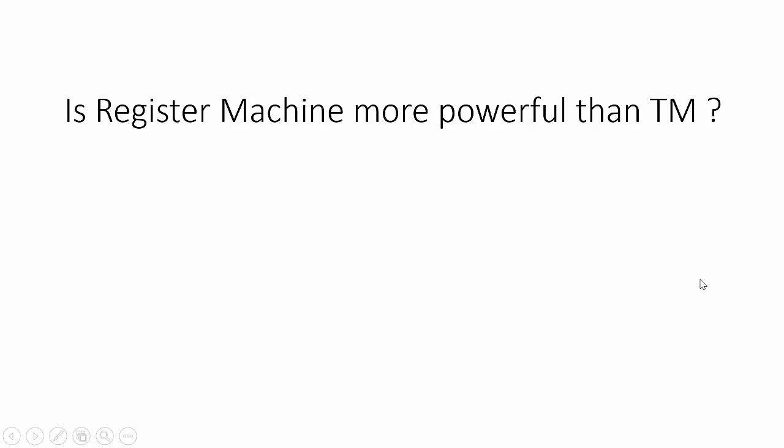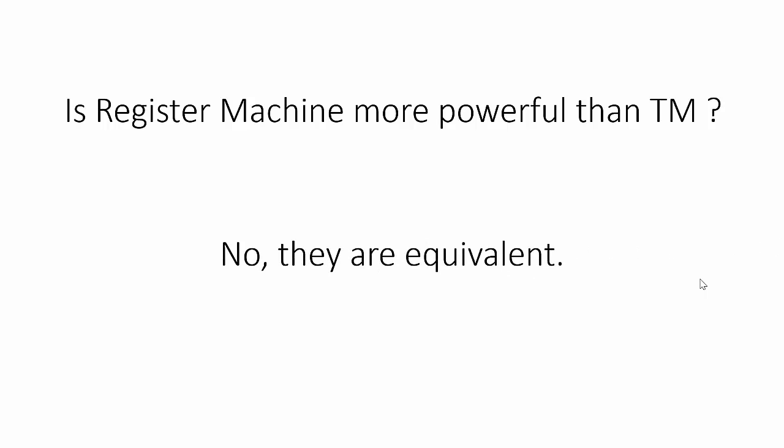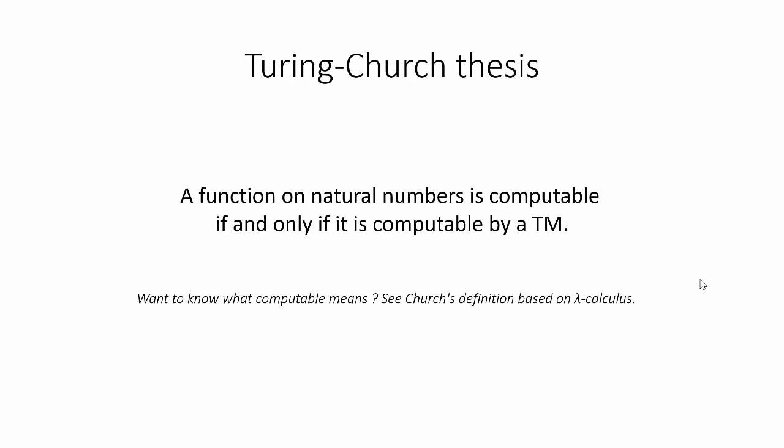And the question is, is a register machine more powerful than a Turing machine? I think most of us should already know that no, it's not. They're equivalent. And why? We can refer to the Church-Turing thesis, which says a function on natural numbers is computable if and only if it is computable by a Turing machine.